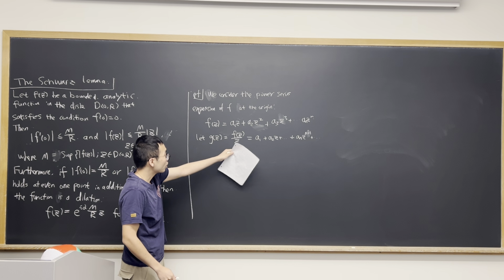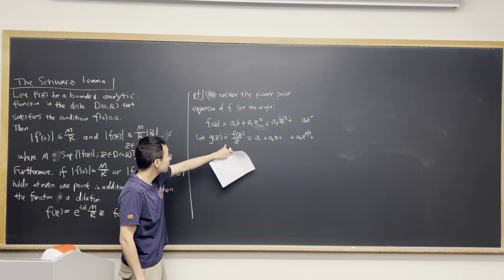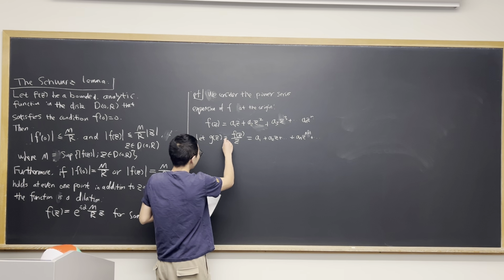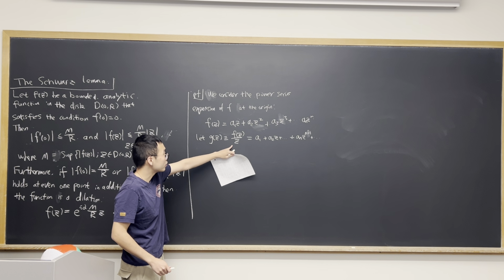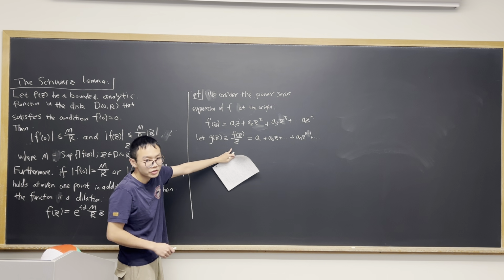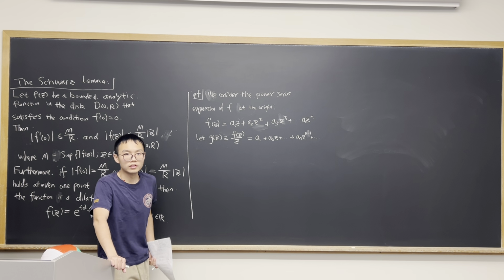The thing is that originally this g of z, because I defined it to be f of z over z, is not defined at 0.